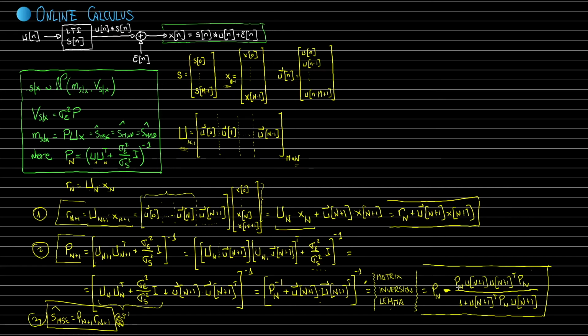Because we have to compute the products of matrices times vectors, and it's easy to see that this computation involves the square of m.